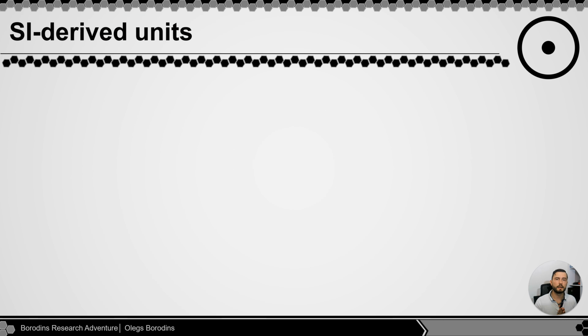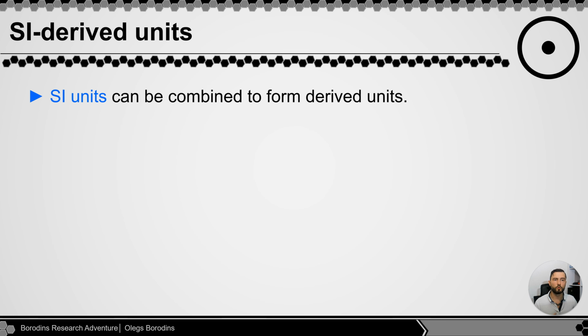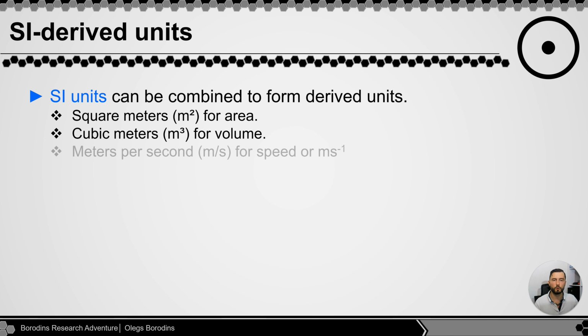source. And as I have mentioned before, base units can be used together to form other units, derived units, such as square meters for area, cubic meter for volume, meter per second for speed. And as you can see, the SI system is widely used in science, engineering, and other disciplines for its simplicity and global acceptance.